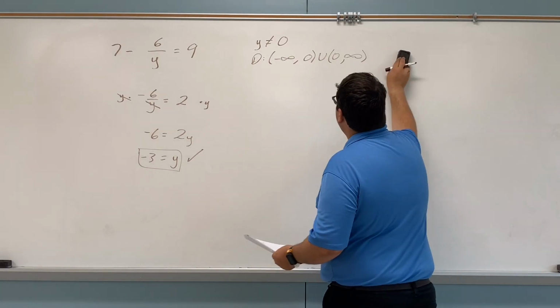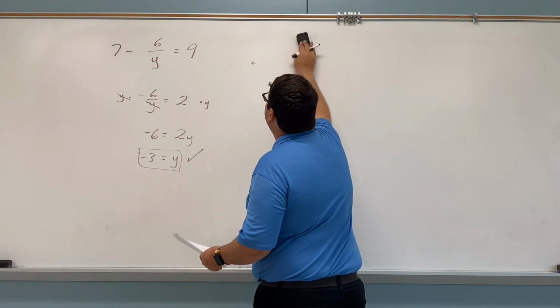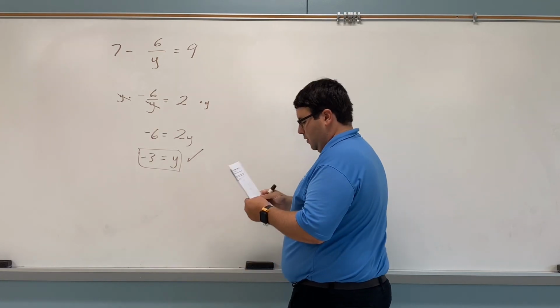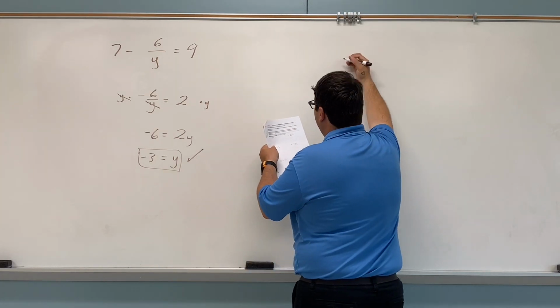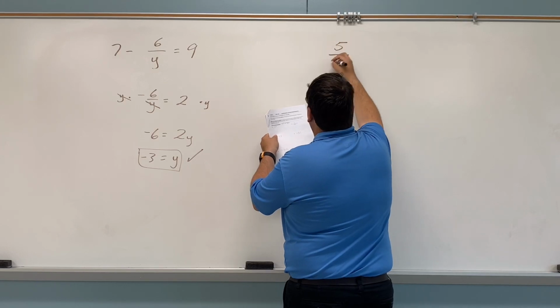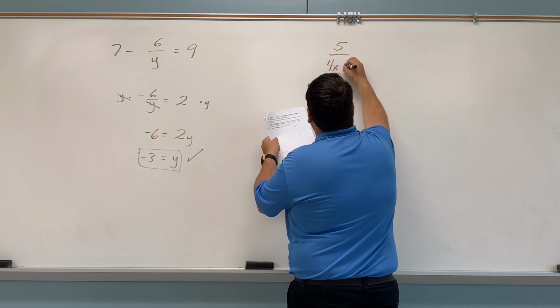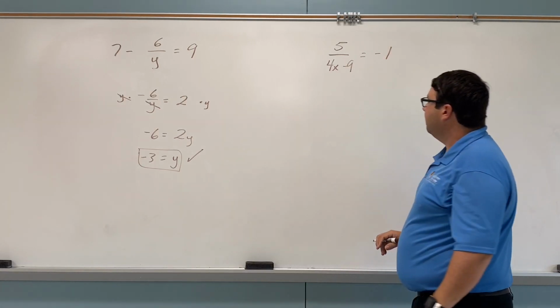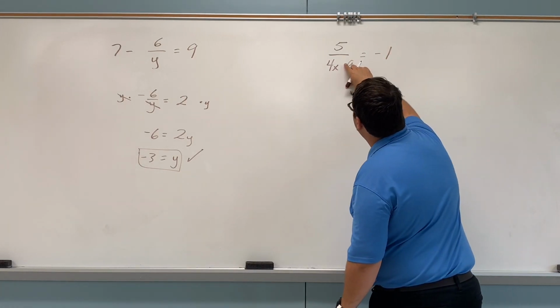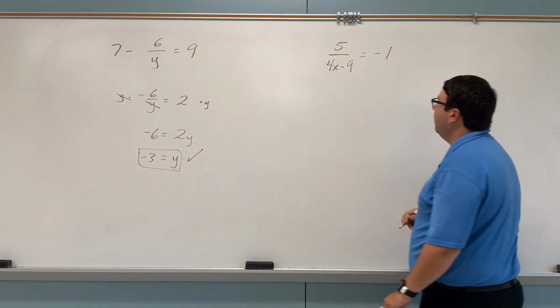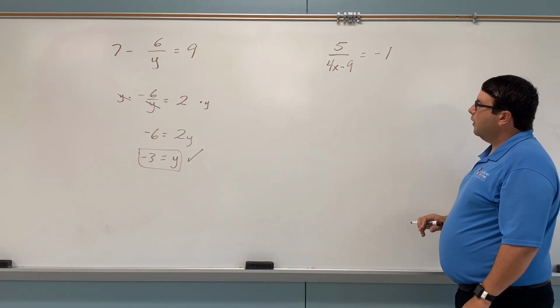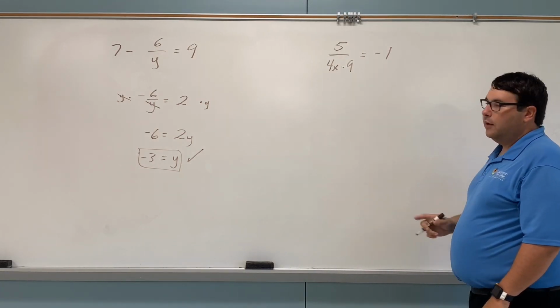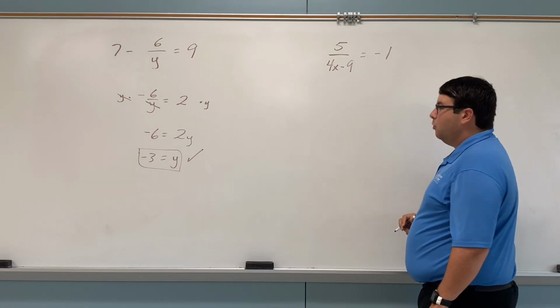And I'm going to erase this just because I want my board space back. All right, so second problem: 5 over 4x minus 9 is equal to a negative 1. I'm going to write that a little more clearly. There we go. First things first, let's find that domain.